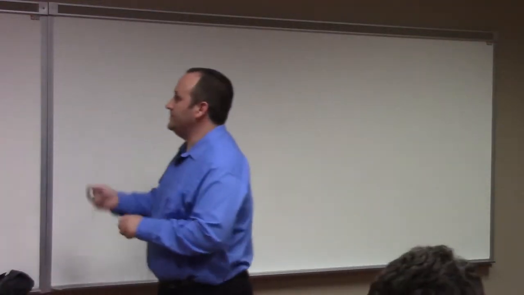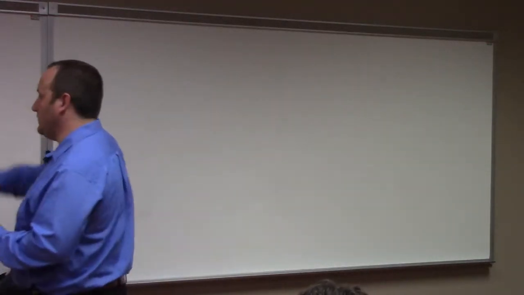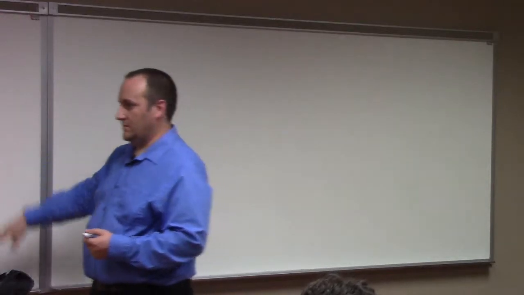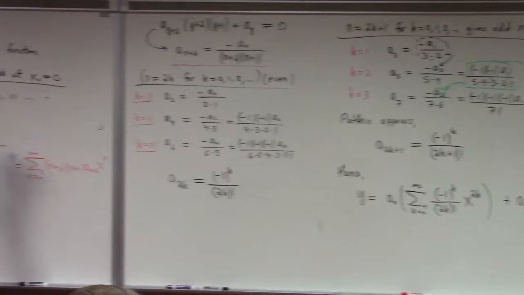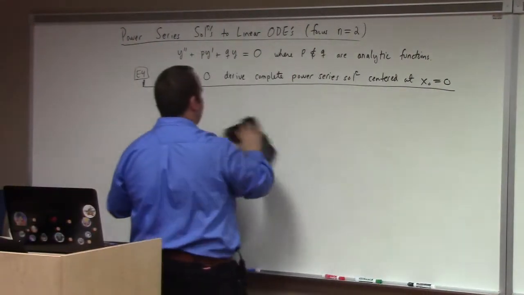I'm gonna put one up. Which was examples. Actually, are we done with this? I think we're done with this. So let me start over here. I shouldn't have done that. I gotta use that. Dang it.